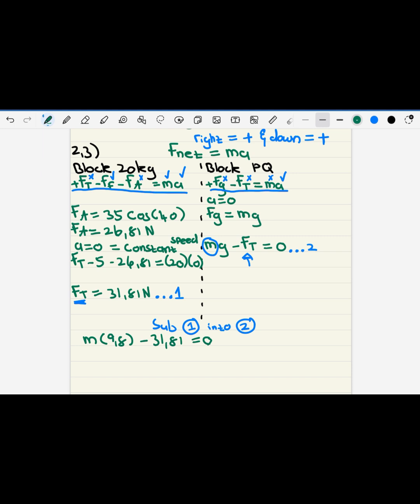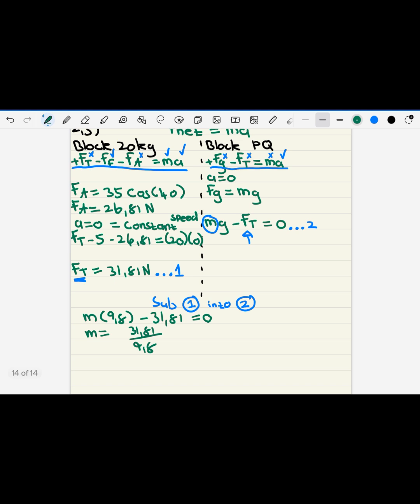We can use our solver calculator, or we could just do some more maths. So we have M is equal to 31.81 over 9.8, and therefore M is equal to 3.25 kilograms. Boom.